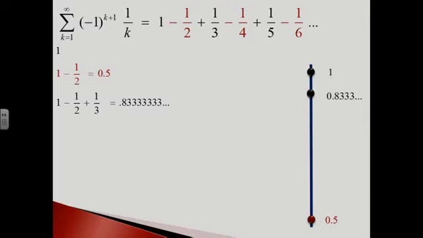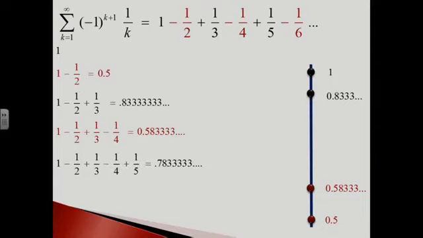The fourth sum is 0.58333. This is a little greater than 0.5. The fifth sum is 0.78333. It is a little less than 0.8333.